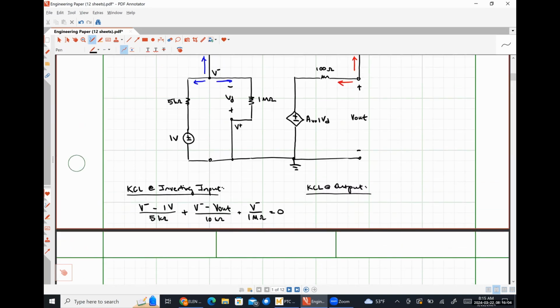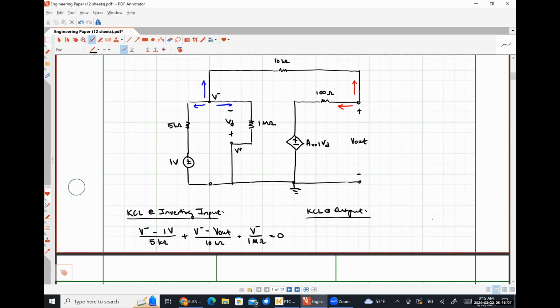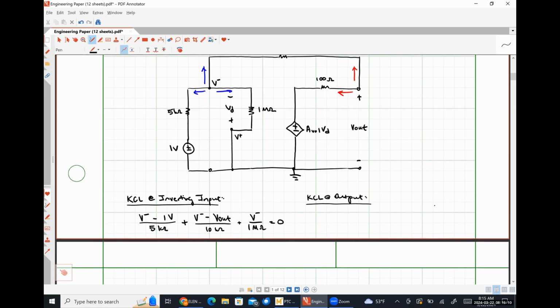For KCL at our output node, starting with the current flowing to the left, we are going to have V out minus our open loop voltage gain times our differential voltage. What's our differential voltage for this particular configuration? I'm not looking for it as a number because we can't get that yet, but in terms of our nodal voltages, it's negative V minus, right?